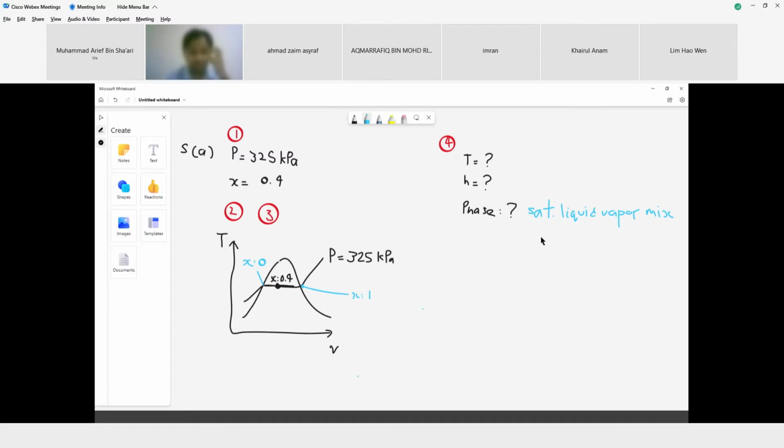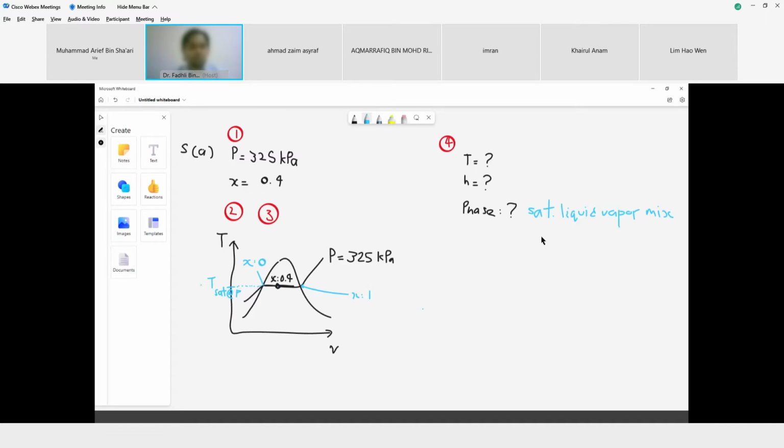Second, temperature. In order to determine the temperature of this point, we have to draw this horizontal line. Here, as we learned, is the saturation temperature at the given pressure.